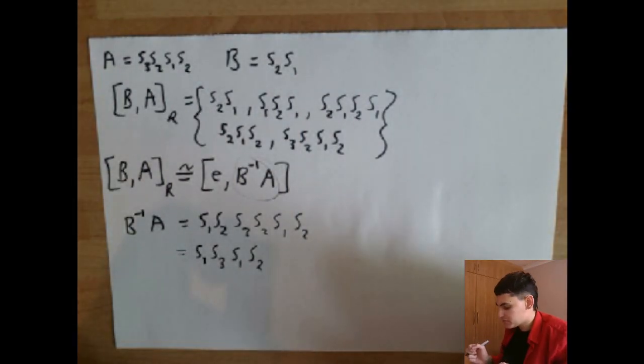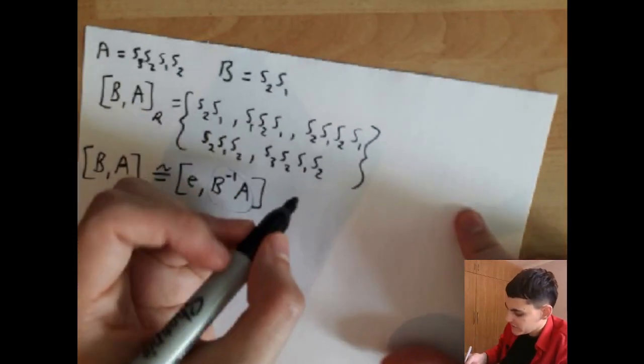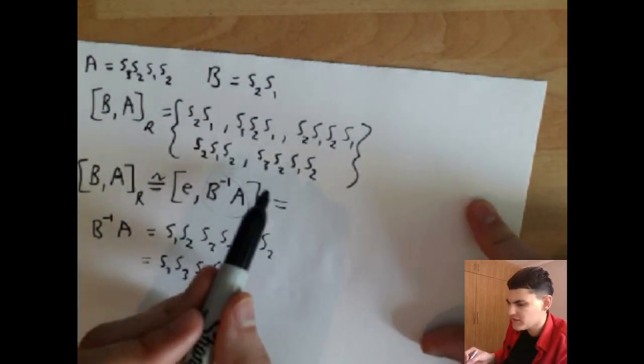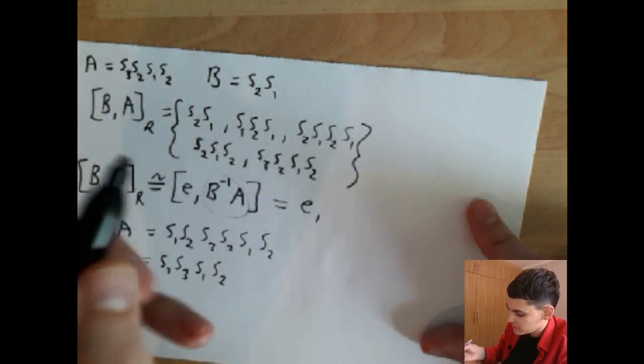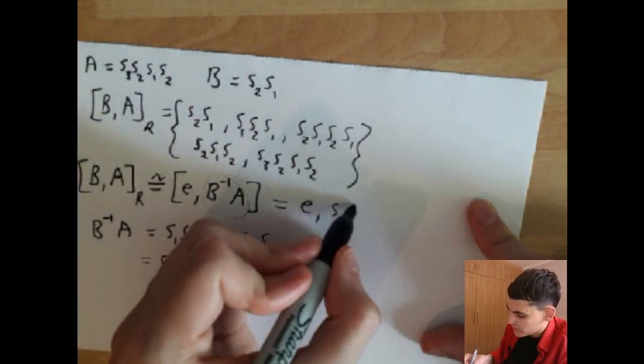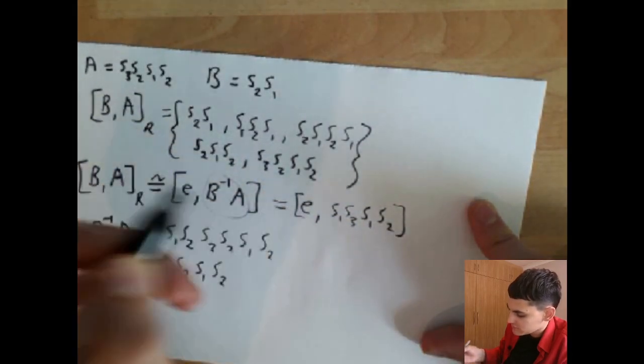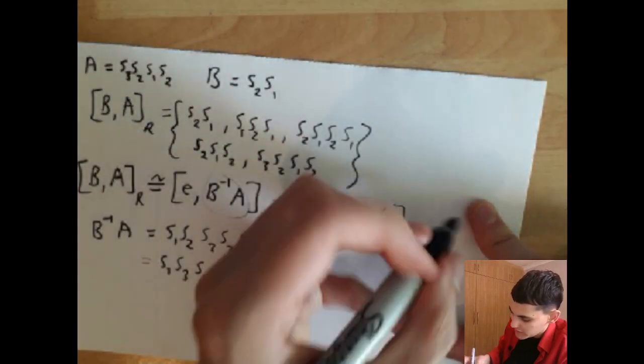Okay, so what can we say? We can say that this interval equals E to S1, S3, S1, S2. Oh, that should have a sub R here.